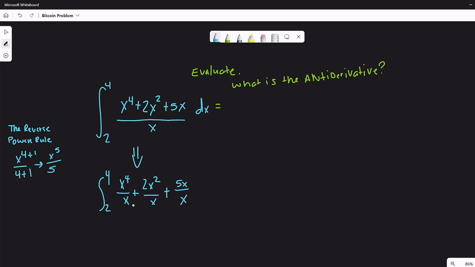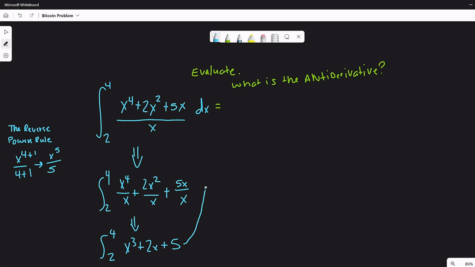And that tells us we could rewrite this again as x to the third plus 2x plus 5. Now this is a much easier expression to find the antiderivative of.